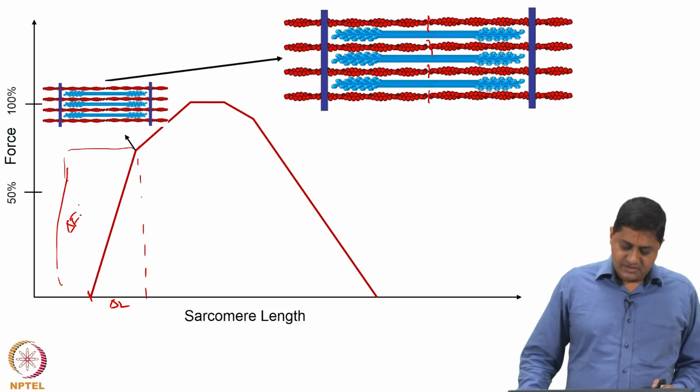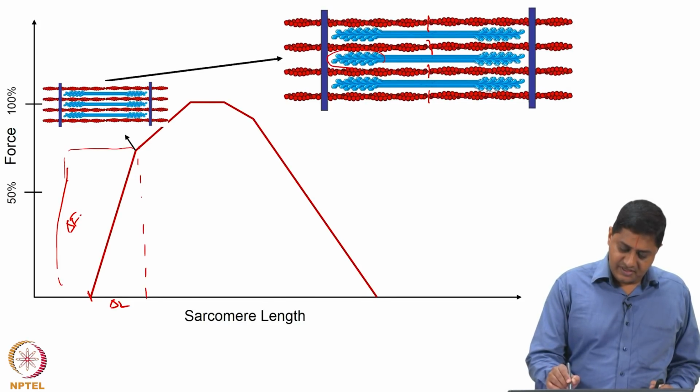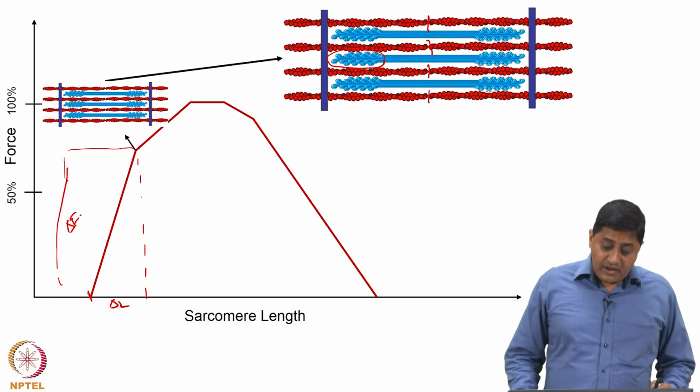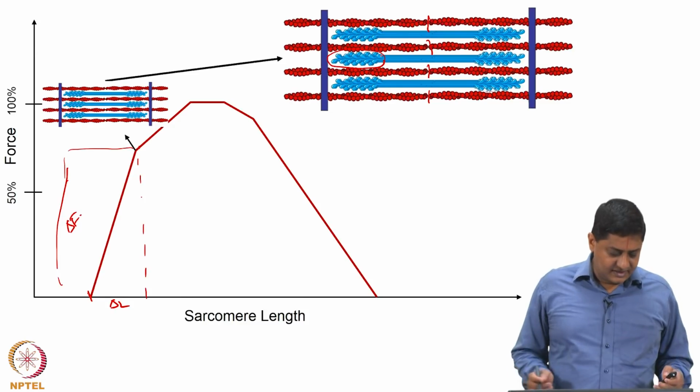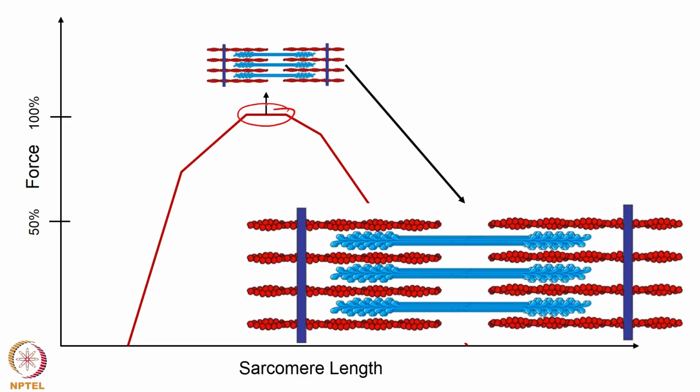All right. So, now there is a greater possibility that myosin gets access to actin binding sites. Now, I can further increase the length, and then what happens at around that point is that I am going to have a situation where there is maximum actin-myosin overlap. Let us remember that it is the interaction of myosin with actin that causes force production in the sarcomere and in the muscle, right.